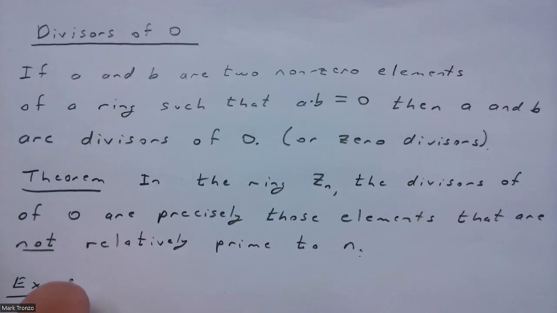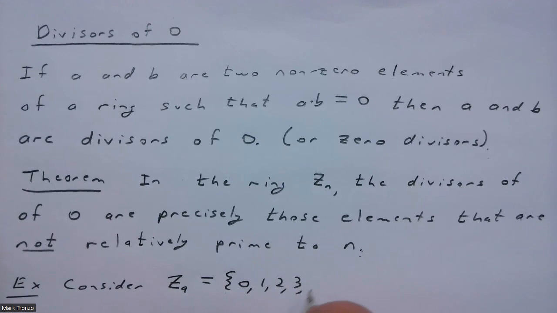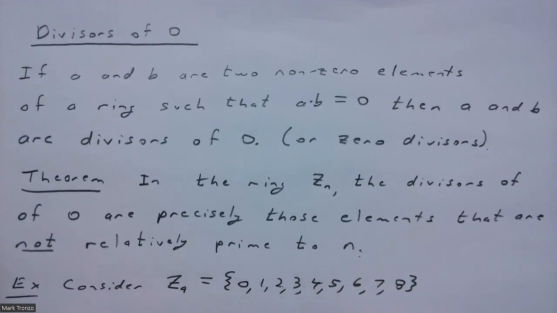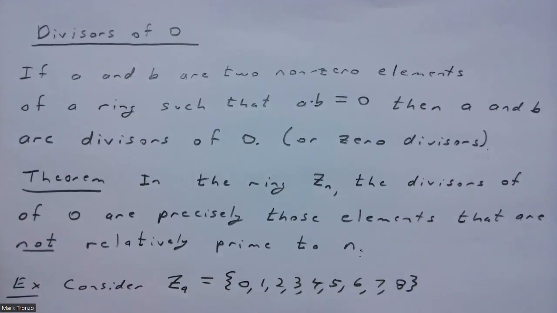So consider, say, Z9. And of course, Z9 is 0, 1, 2, 3, 4, 5, 6, 7, 8. Then let's see the numbers that are not relatively prime, ones that have common factors. Of course, 9 is 3 times 3.